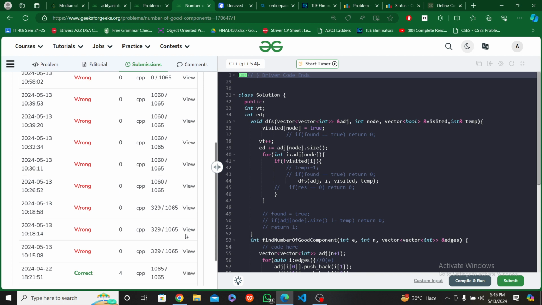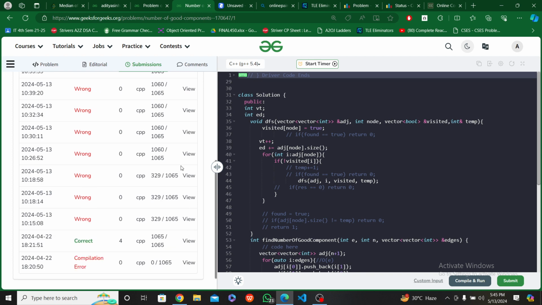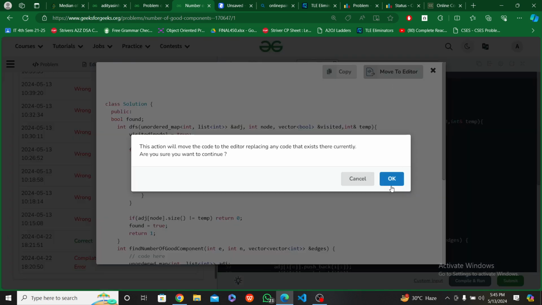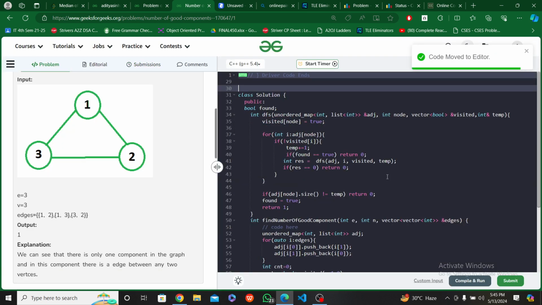That was wrong. But let's see, this is that solution. I don't know why, but all the test cases passed except 4 test cases, which did not pass. So you can see this.